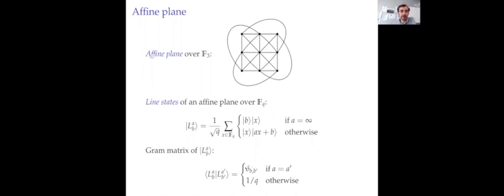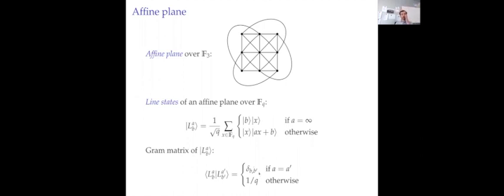And of course, if the two lines are the same, then the inner product is 1. The second case means that any two lines that are not parallel have exactly one point in common. If I take a horizontal line and a line of slope -1, they have one point in common. So it's easy to see that these line states have these inner products. This just reflects the combinatorial structure of the affine plane.